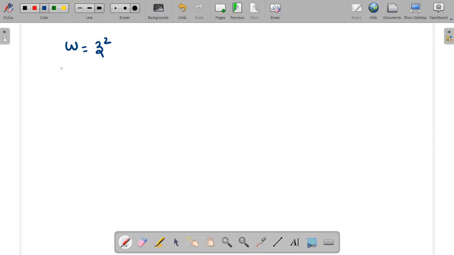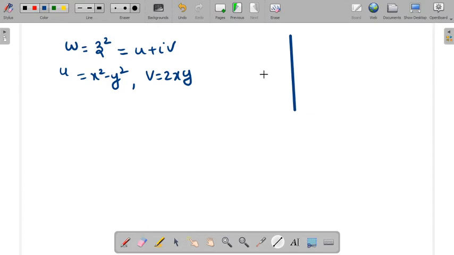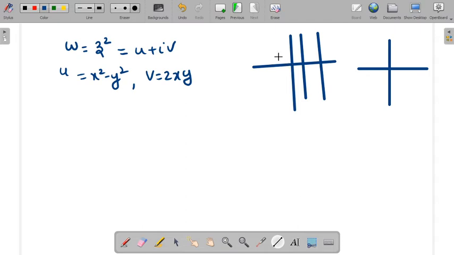We know W is u plus iv, and u equal to x square minus y square, v equal to 2xy. Suppose you want to find the image of a region in the z plane. For example, consider the z plane and this is the W plane. And if you want the image of a rectangular region in the z plane.